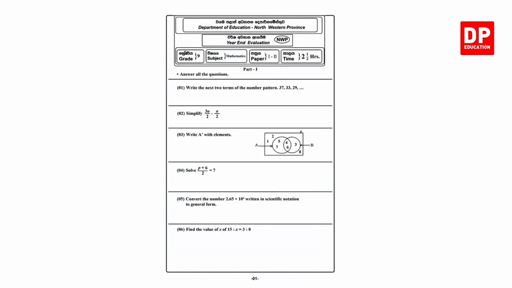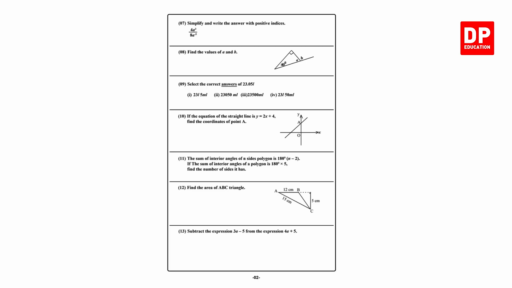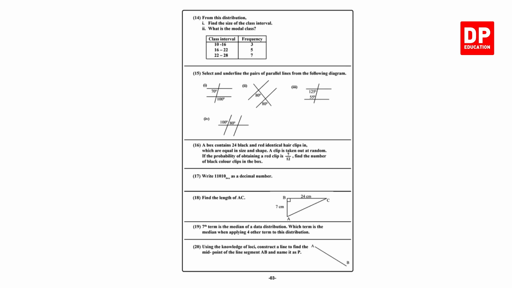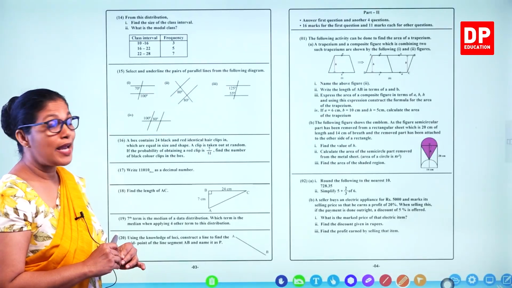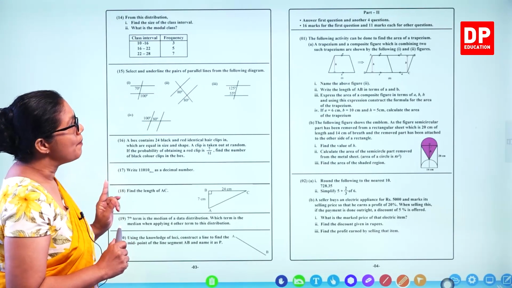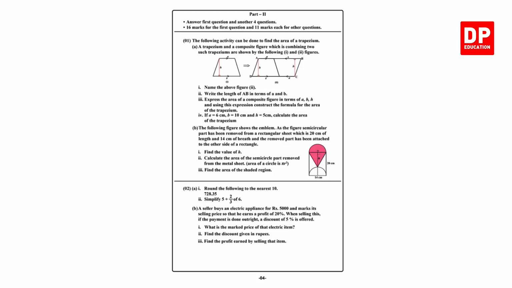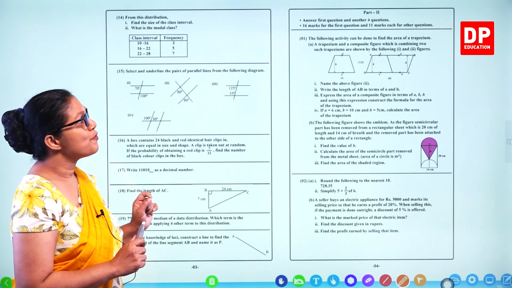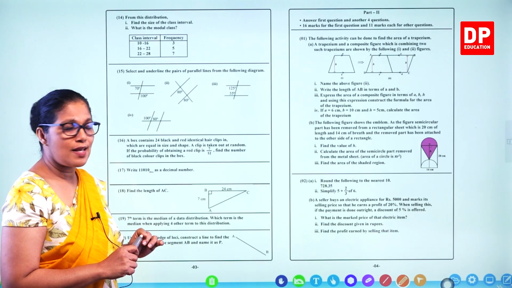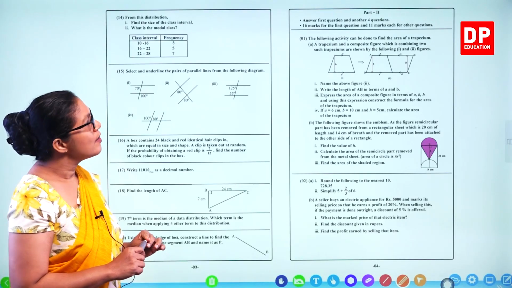On the first page you get questions 1 to 6, and on the second page you get questions 7 to 13. On the third page, questions 14 to 20, and then on the next page you get part B. In part B you have to answer the first question, which is worth 16 marks, and then select only 4 questions out of the remaining questions.